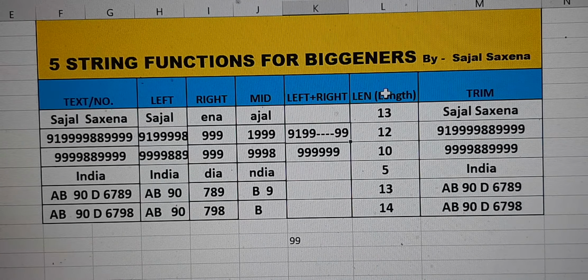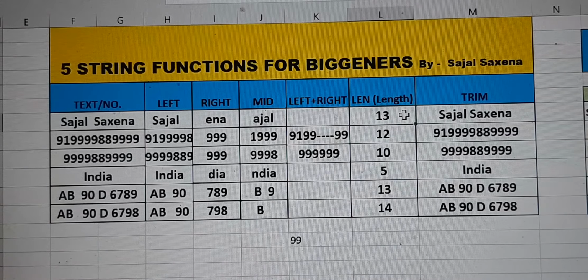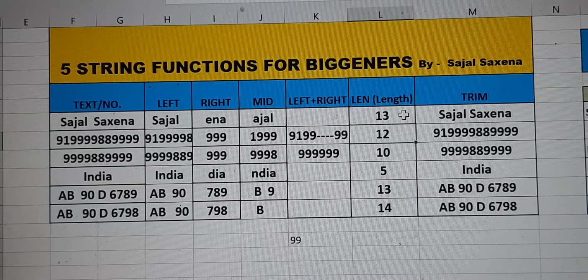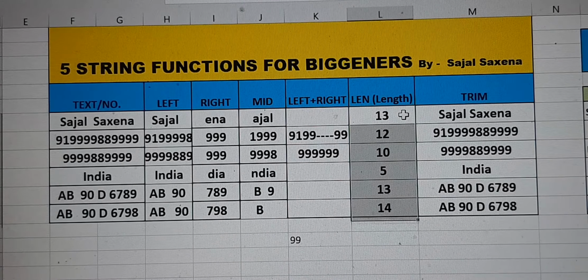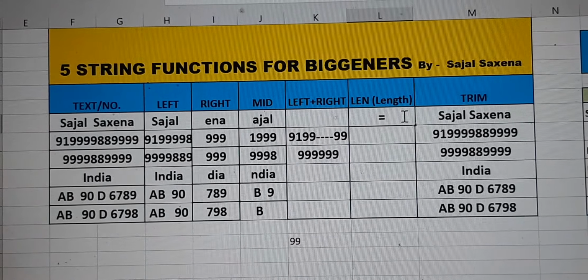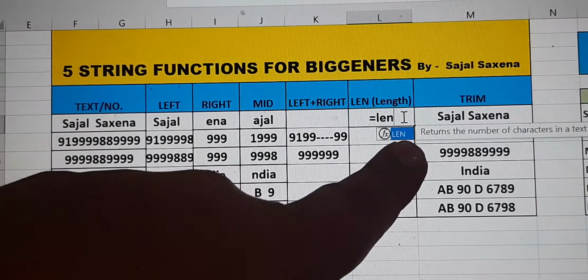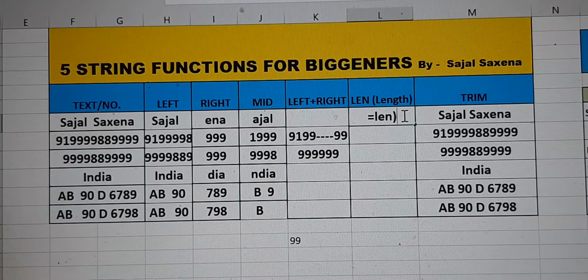Next one is length. Now I have a data, but I want to count the length. So what do I do? It's very simple. Okay, let me quickly delete this. All right. So in the first cell, again, I type equal to sign, then I type LEN. It picks up automatically.